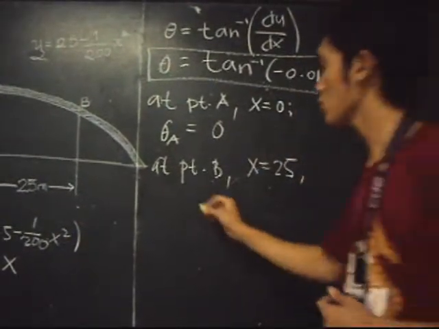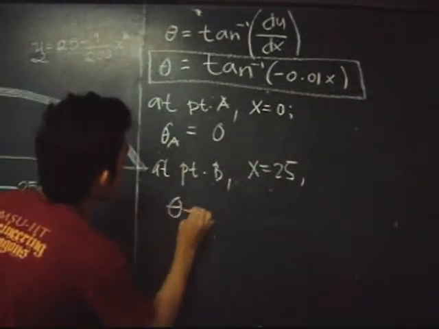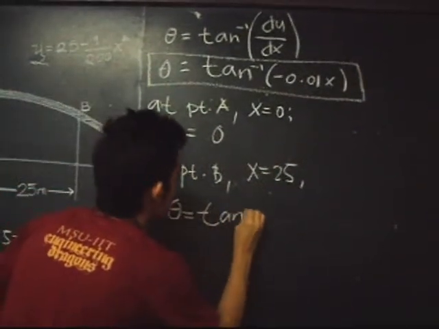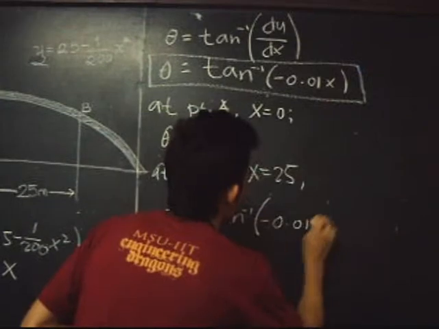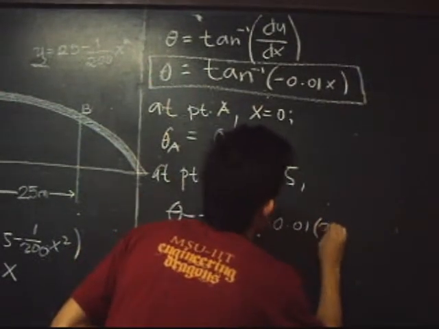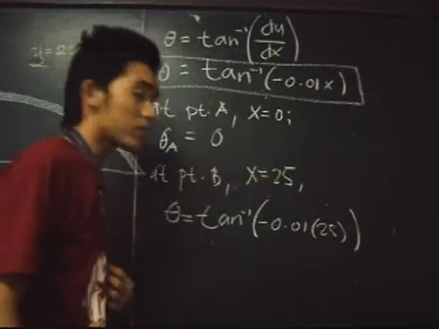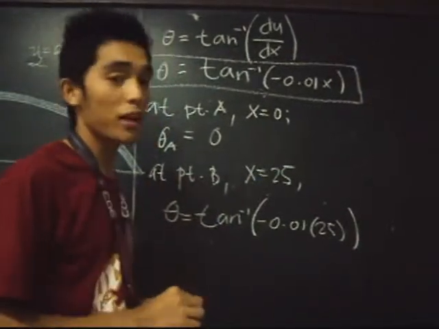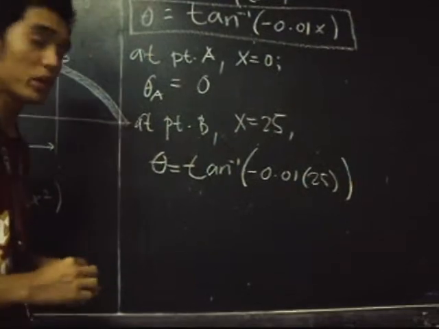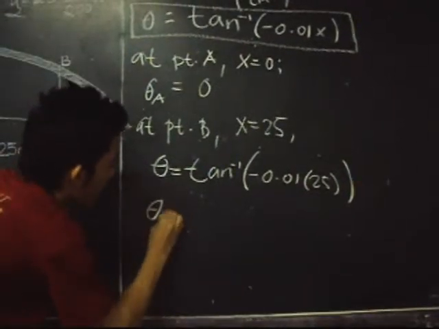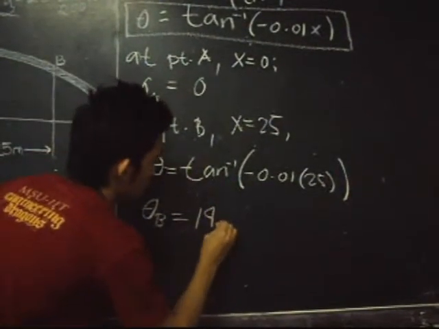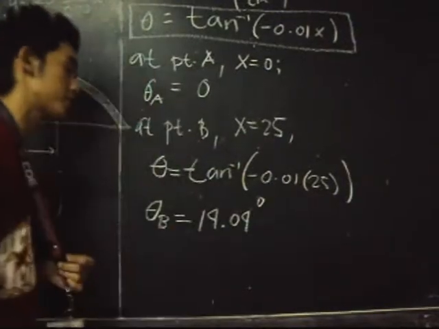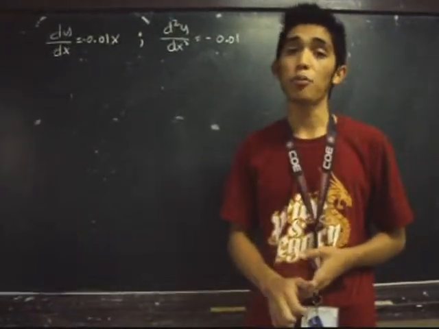Substituting 25 into our equation, we have theta equal to arctangent of negative 0.01 times 25. Calculating, we have angle theta at point B equal to 14.04 degrees. Next, we determine the radius of curvature at point A and at point B.